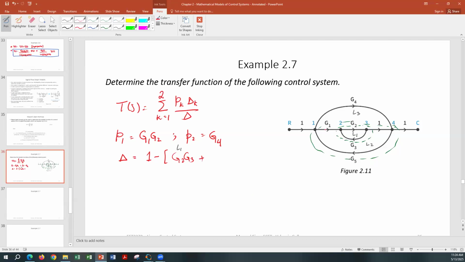Plus loop 2, which is G1, G2, 1, and negative G5. Let me write this down: 3 loops and 2 forward paths.